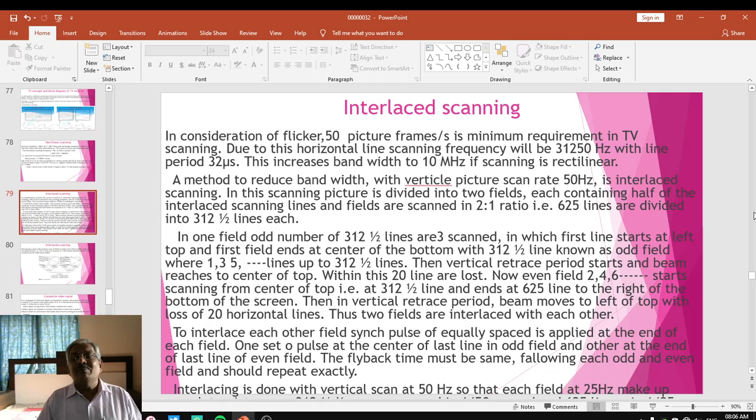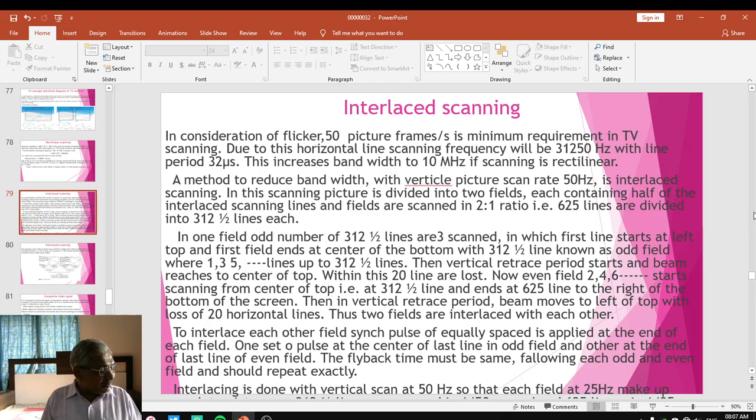We also studied rectilinear scanning. When the electron beam containing the picture information is incident on the television screen, which is coated with a fluorescent material, a bright spot is generated, and that bright spot is scanned to produce the picture raster.